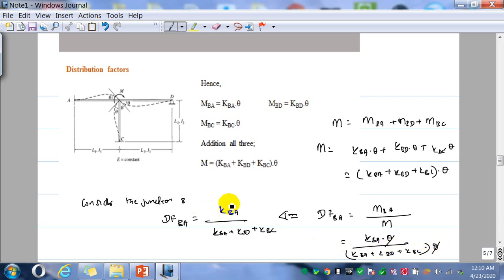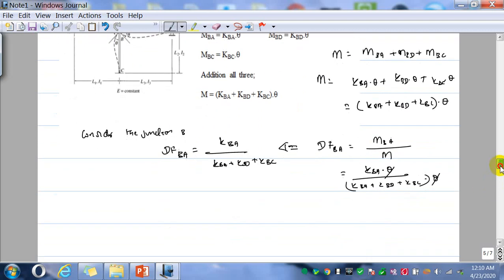The distribution factor is K_BA over K_BA plus K_BD plus K_BC. Similarly for BC, the distribution factor is K_BC over K_BA plus K_BD plus K_BC, and for BD, it is K_BD over K_BA plus K_BD plus K_BC. That is how in what proportion the moment is distributed between the three elements connected at that joint.